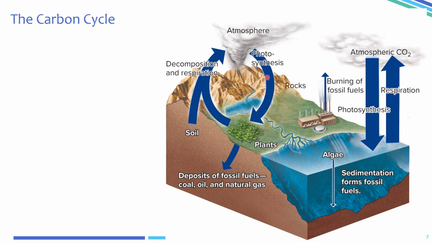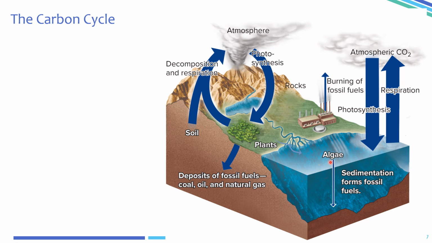Our natural cycle continues with photosynthesis. Plants pull carbon dioxide out of the air or out of the water, wherever they happen to be, fix it into glucose and then into their structure, such as their cell walls and other organic molecules. We also get algae.